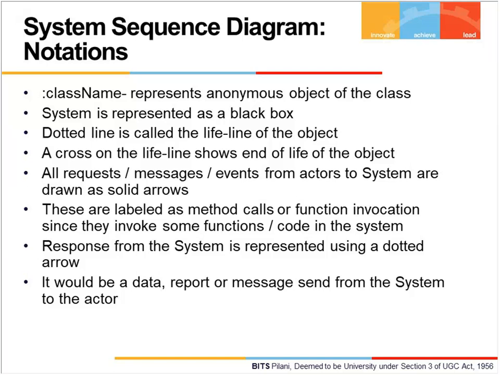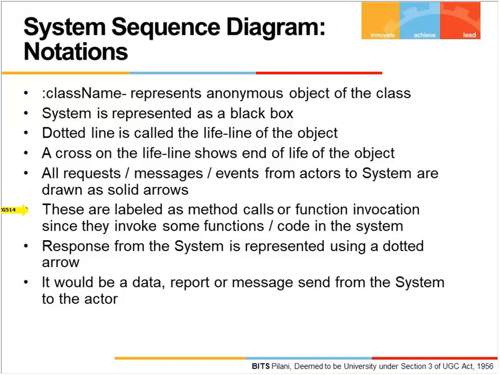Now, what is written on top of these lines? All requests and events from the actors are labeled as method calls or function invocations, since they invoke some function or code in the system.